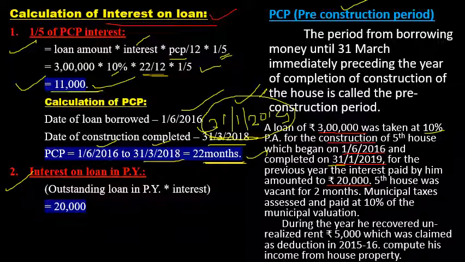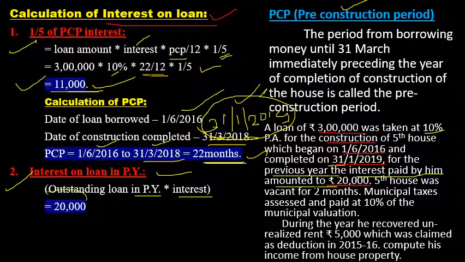And the second part is interest on loan in previous year. The equation for this deduction is outstanding loan in previous year into interest. But in this problem, the interest on loan for the previous year has been specified. It's clearly mentioned that for the previous year, the interest paid by him amounted to rupees 20,000.